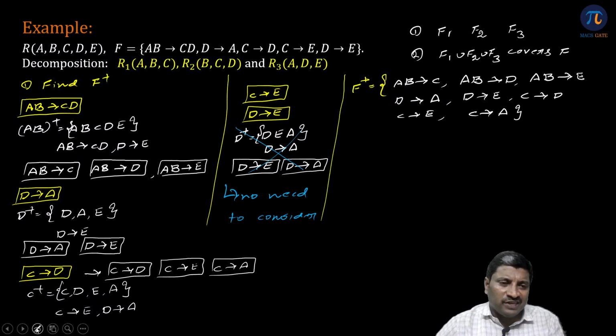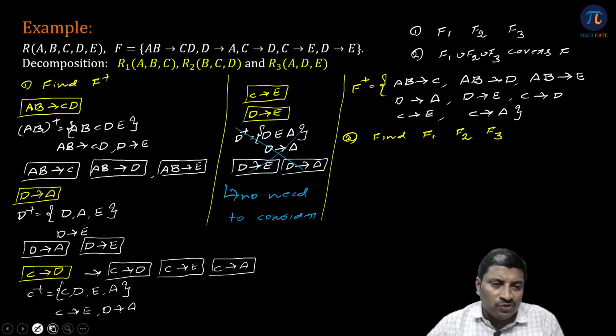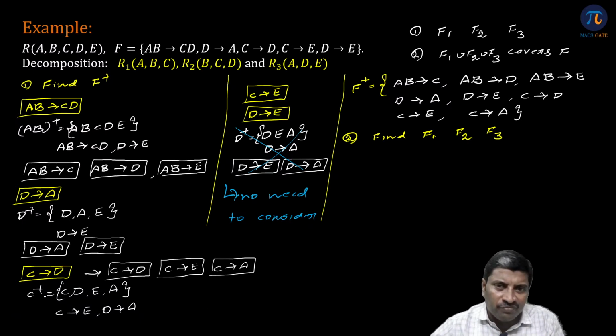Fine. What is the second step, sir? The second step is to find F1, F2, F3, right? So the first step is F1. What is R1, sir? A, B, C. So you can list out what is F1.